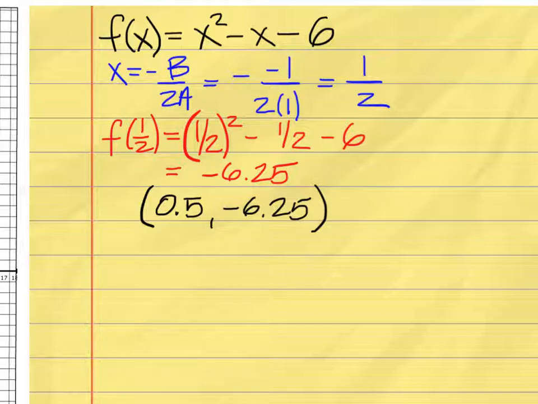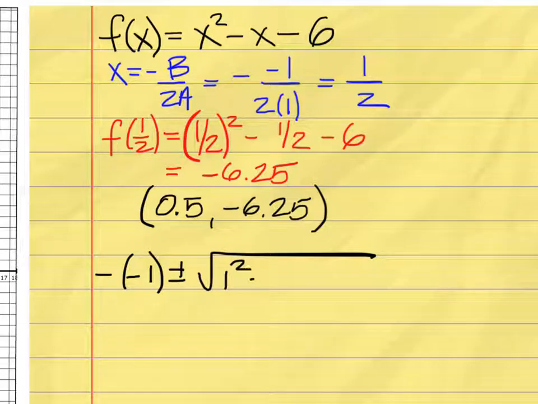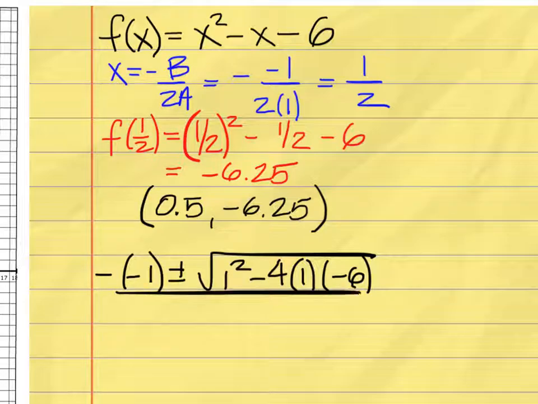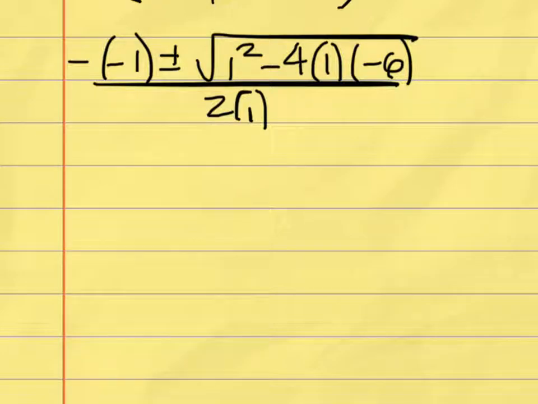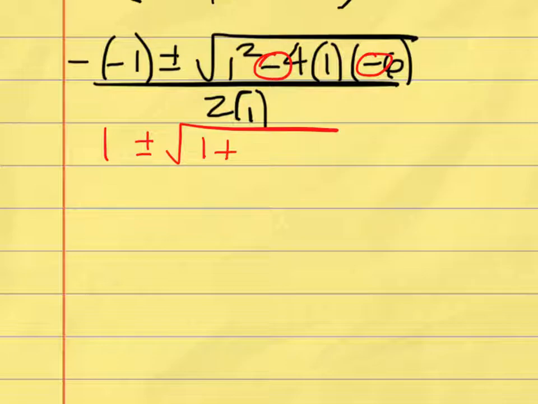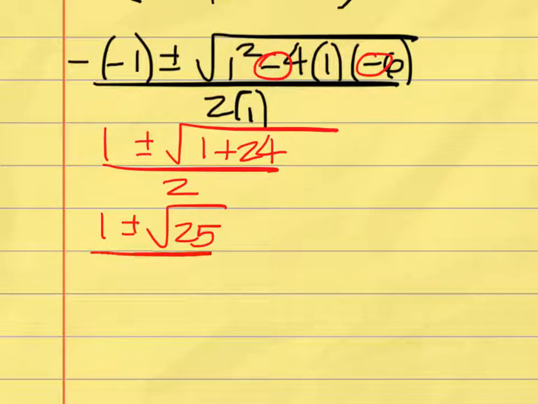We need x-intercepts. So we're going to have to do negative negative 1 plus or minus the square root of negative 1 squared minus 4ac over 2a. And then simplify that. This will be 1 plus or minus the square root of 1 minus a negative, double negative, so it's plus 24. All of that over 2. So we have the square root of 25 that we have to simplify into 5.